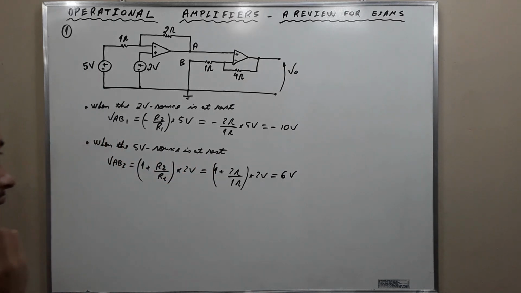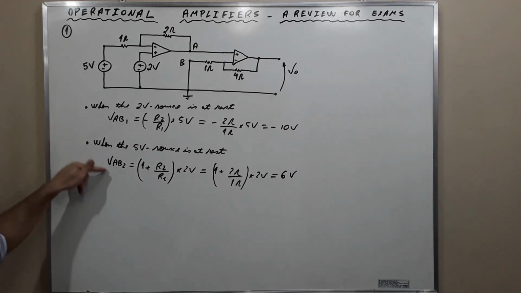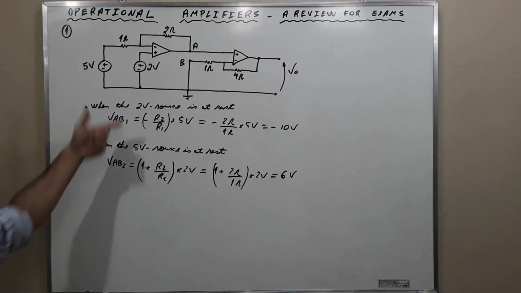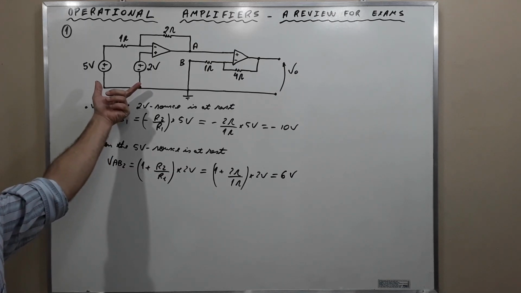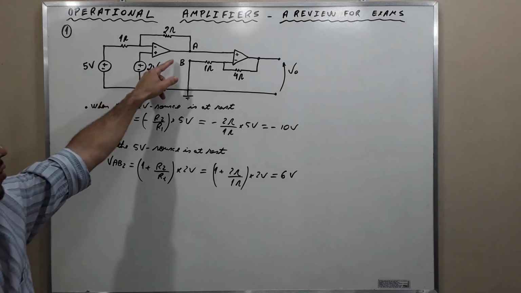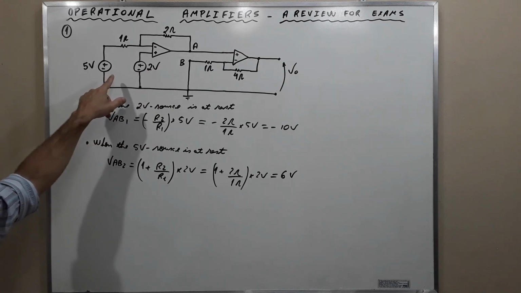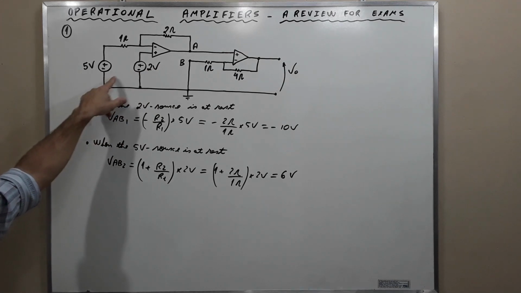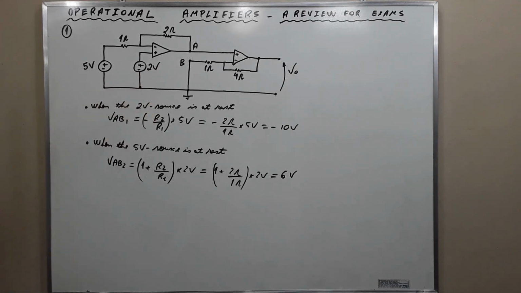Alright? And the superposition principle says that we can sum them, and when both are on, they participate together simultaneously, then the voltage here is going to be obtained from the sum of the individual contributions.